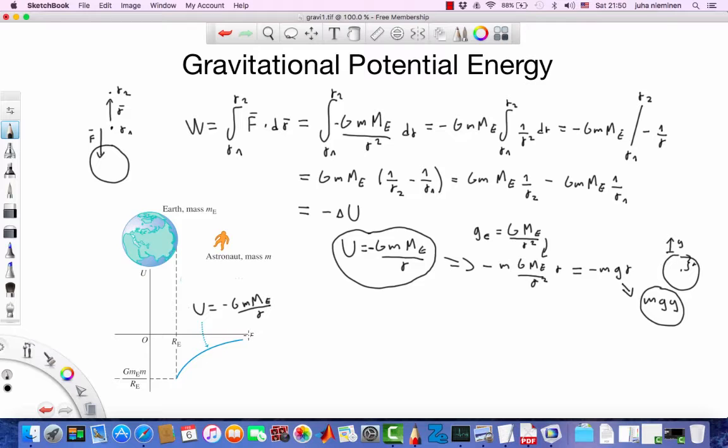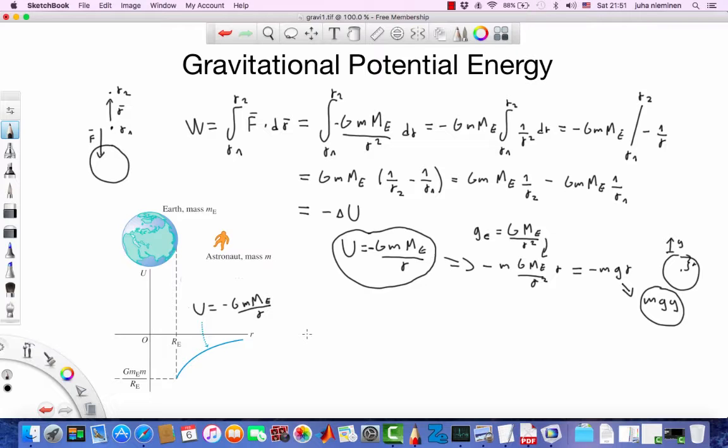It gets very close to zero when we are far away from the Earth. So essentially this is saying that once we get infinitely far away, then we have zero gravitational potential energy. And when we are infinitely far away, we have escaped the gravitational pull of the Earth.